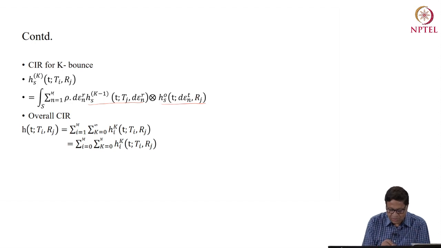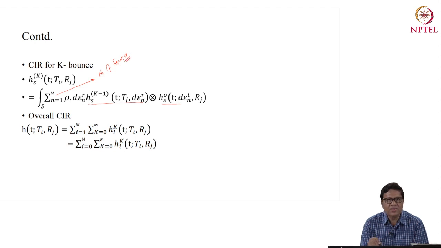That is why you see the summation here. So this actually tells you the number of sources. Right now it is assumed that there are m sources, so n is equal to 1 to m, and this is the coefficient here.